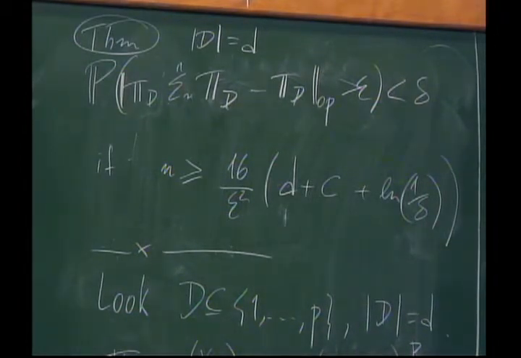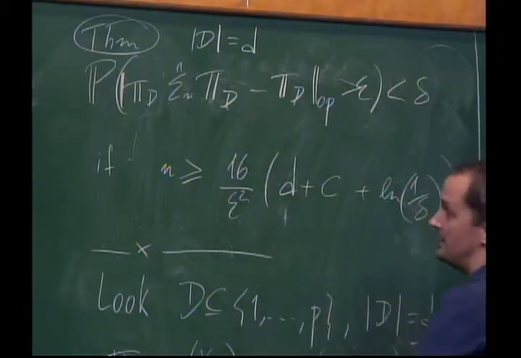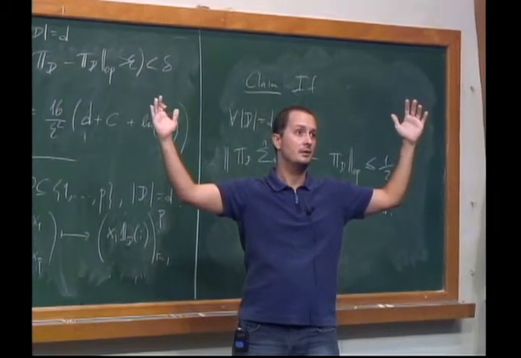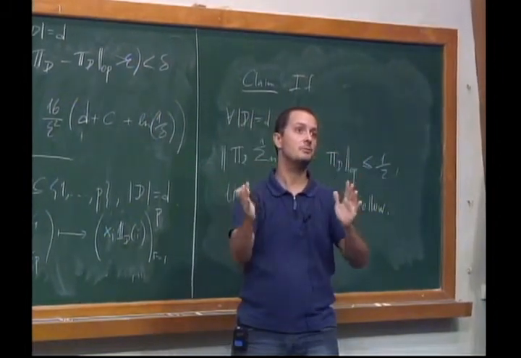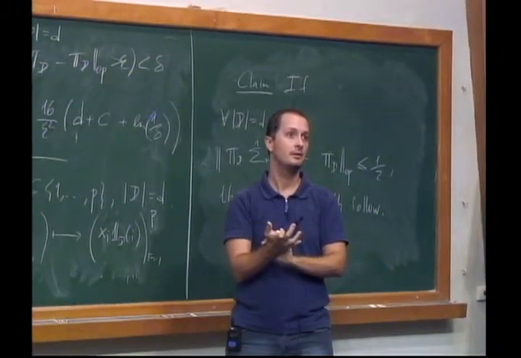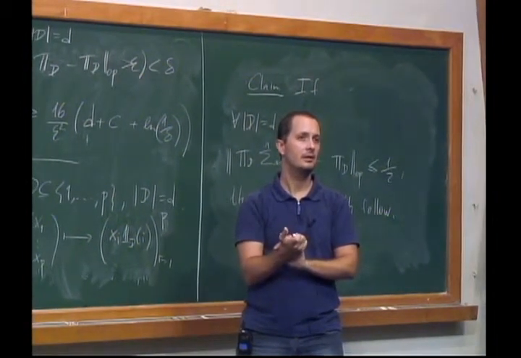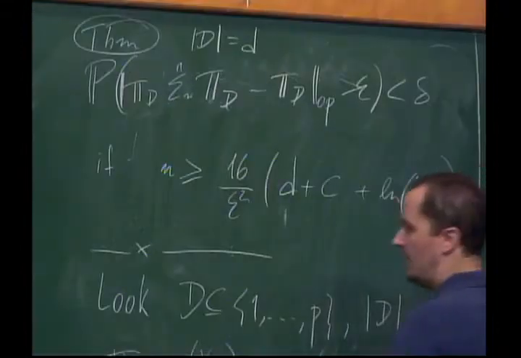I'm saying that instead of looking at the whole matrix, if you look at a d by d block, then you can replace the dimension by d here. Instead of the full p dimensions of your whole space, you just care about a d-dimensional subspace. Is that clear?